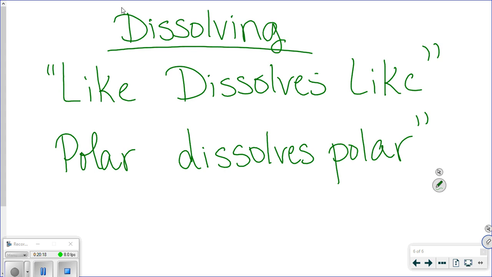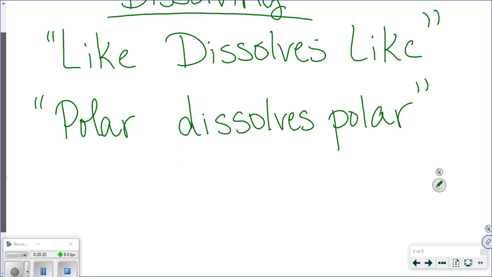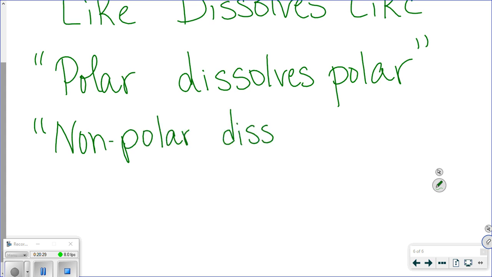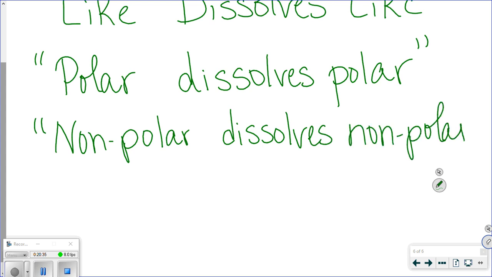And on the other hand, nonpolar dissolves nonpolar. Okay, so what the heck does that mean? Well, let's think about it.